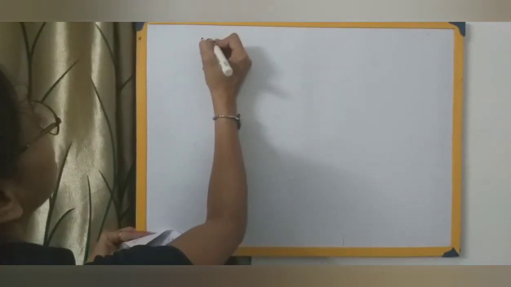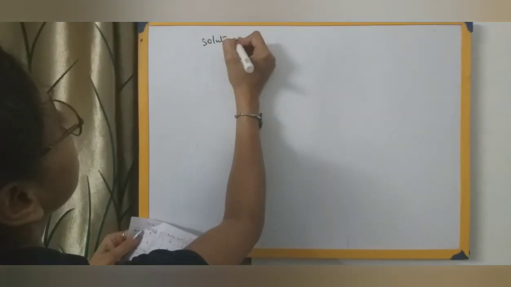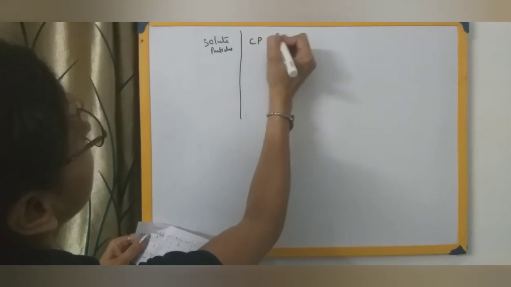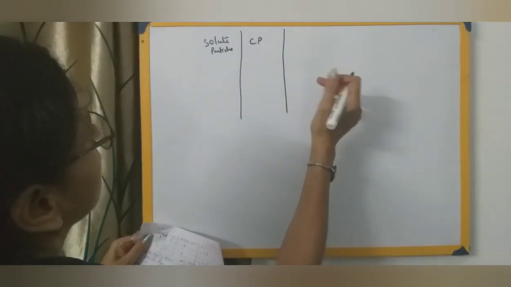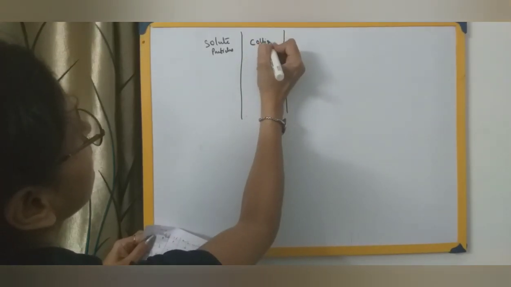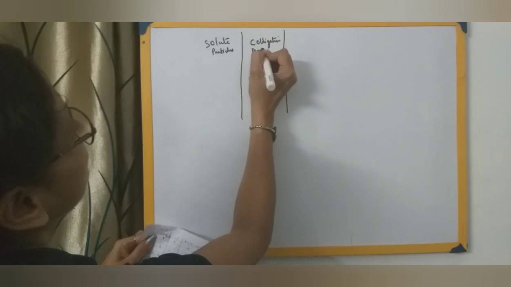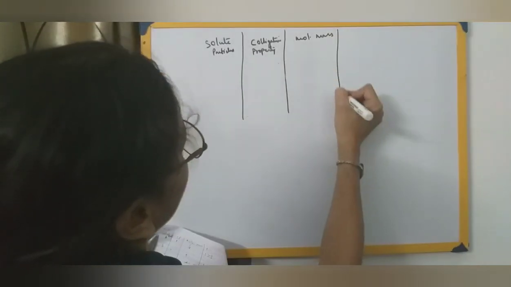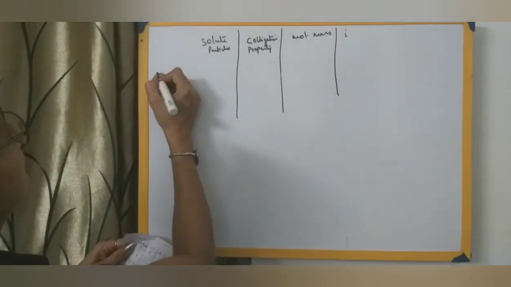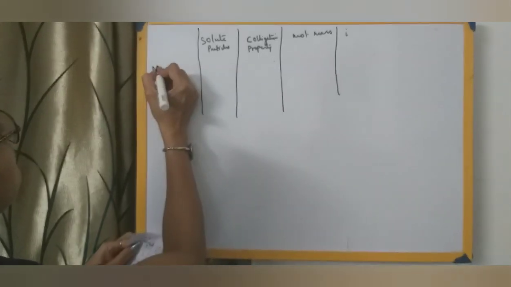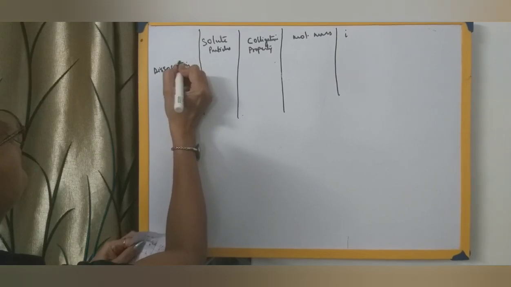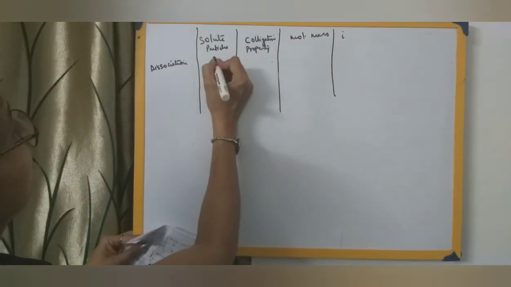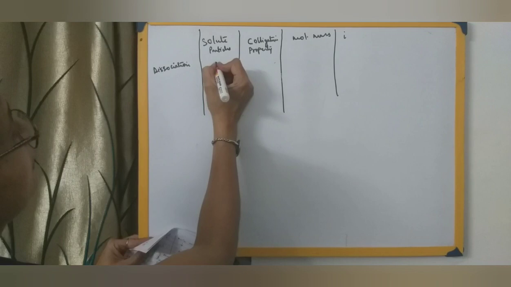So solute particles, then the colligative property, then the molecular mass, and what will happen to I. When the particles are undergoing dissociation, from 1 we are getting 2, so the number of solute particles increases.